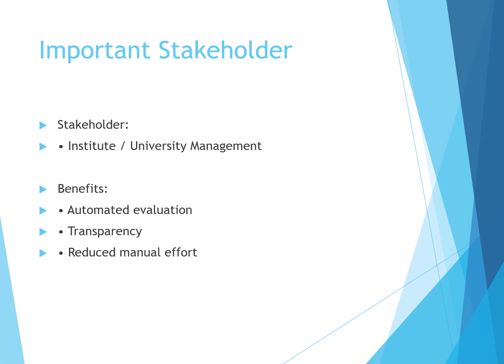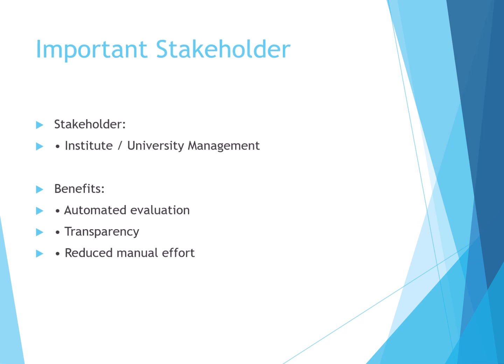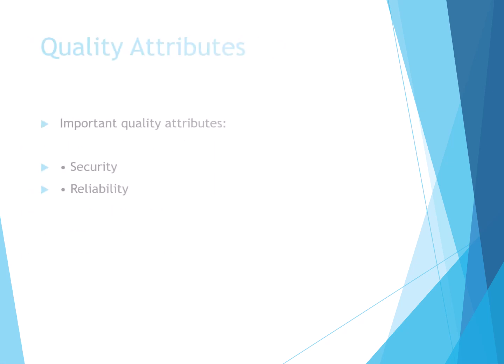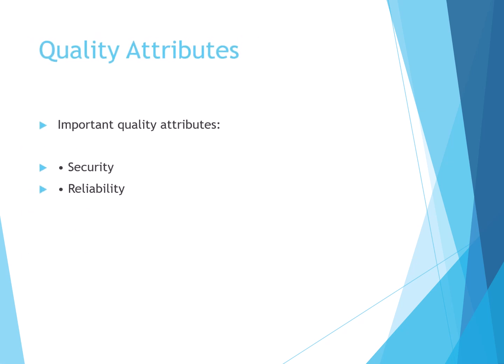Now let us discuss quality attributes. Quality attributes describe how well the system works. The name itself, quality, is there, right? We have to discuss how well the system works, not just what it does.